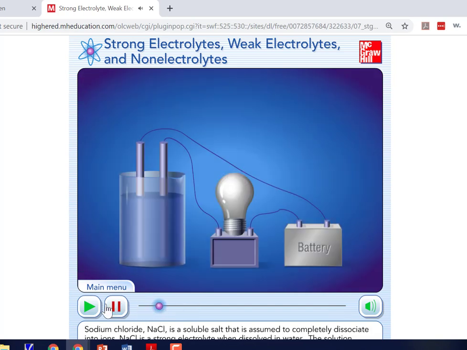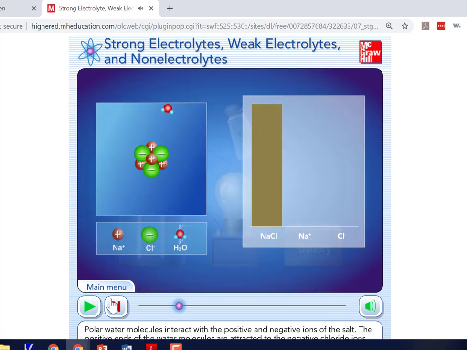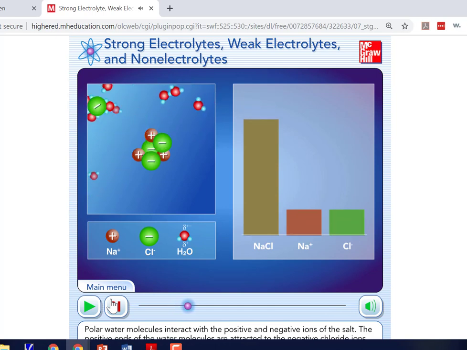Okay, so here's what happens when you put salt into water. The salt is sodium chloride, and the light bulb comes on because the salt is ions in a pattern, and the water comes on and hangs onto it.